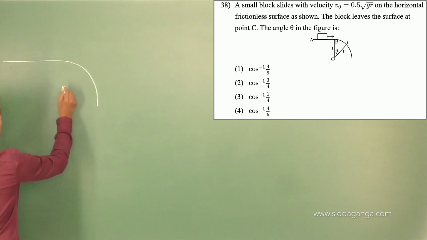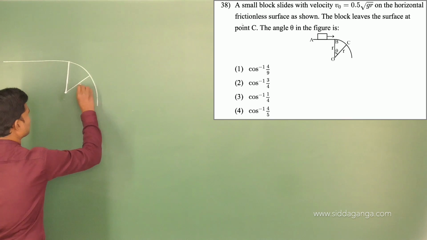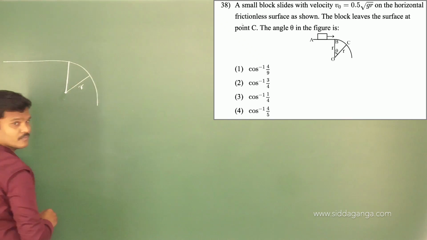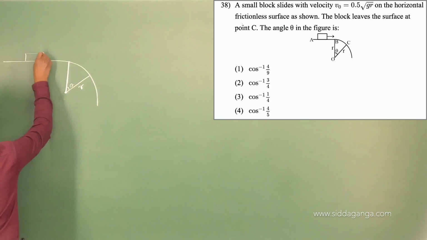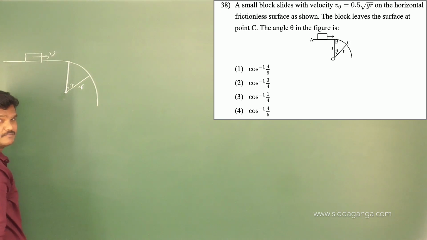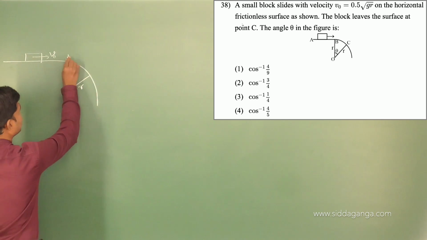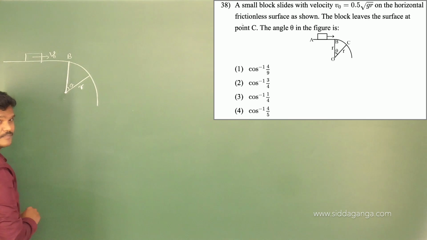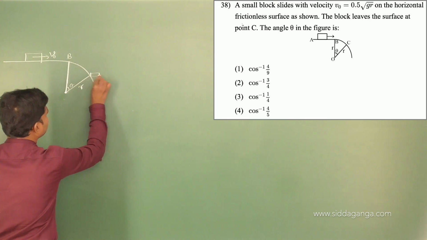R is the radius of the circular path. This is R, and this is theta. The block moves with a speed v, and the initial speed v0 is given as 0.5 root gr. Here the block leaves the contact.